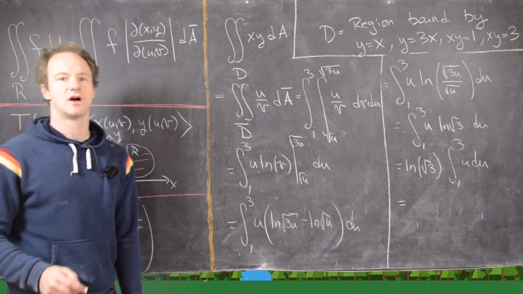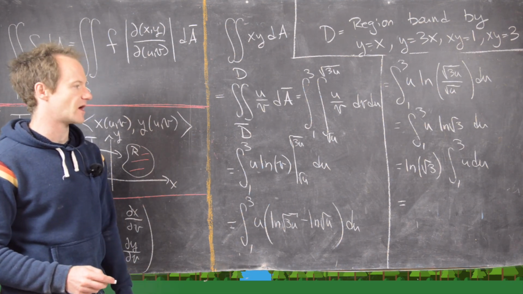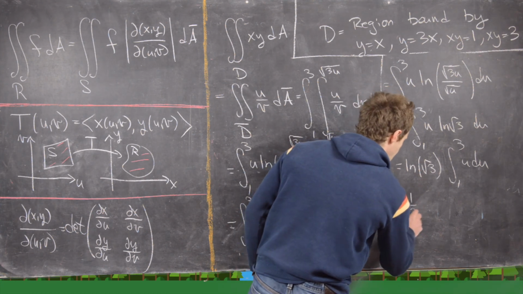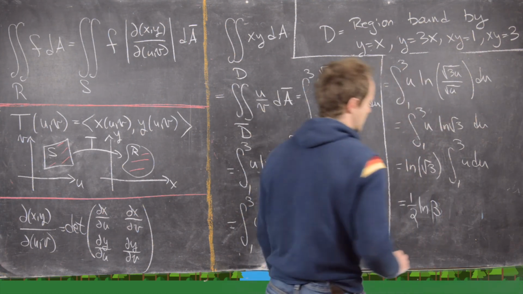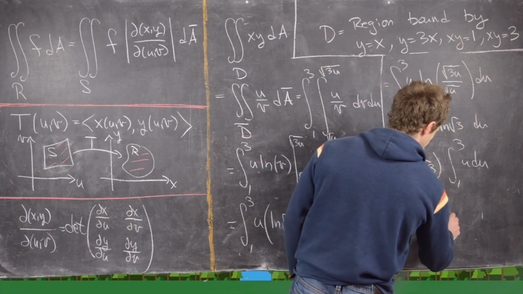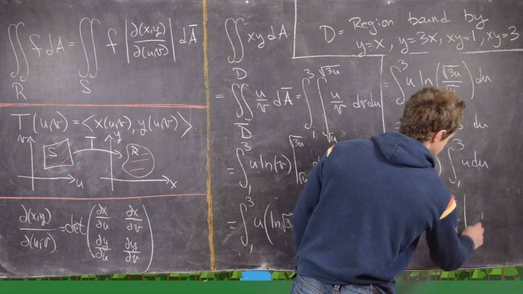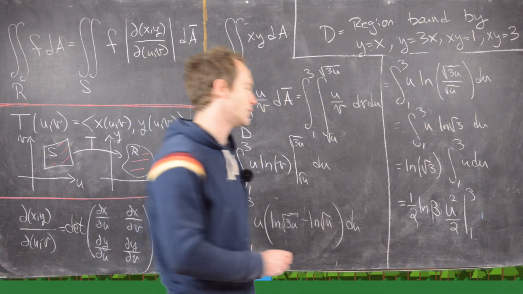Notice the natural log of root 3, we can use a simplification formula on that. So root 3 is the same thing as 3 to the half. So this is 1/2 natural log of 3. Good. And now I can take the antiderivative here. This is going to be u squared over 2 evaluated from 1 to 3. So let's see what we get.